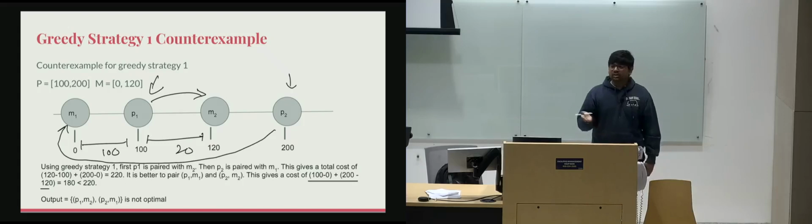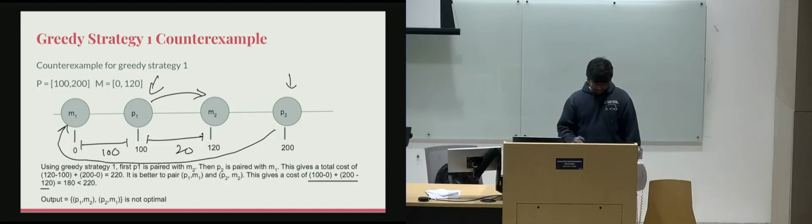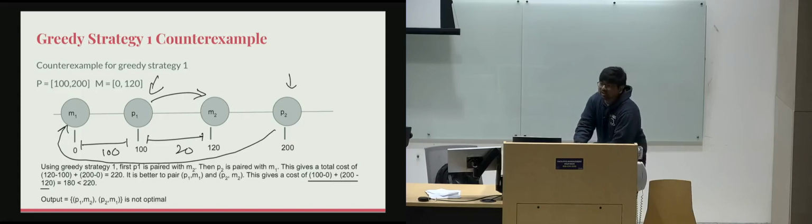And this actually gives you a better solution than the 200. So this mapping that we did here, P1 M2 and P2 M1, is not an optimal one, because you can definitely do better than this. Any other counterexample that you would like to try here?